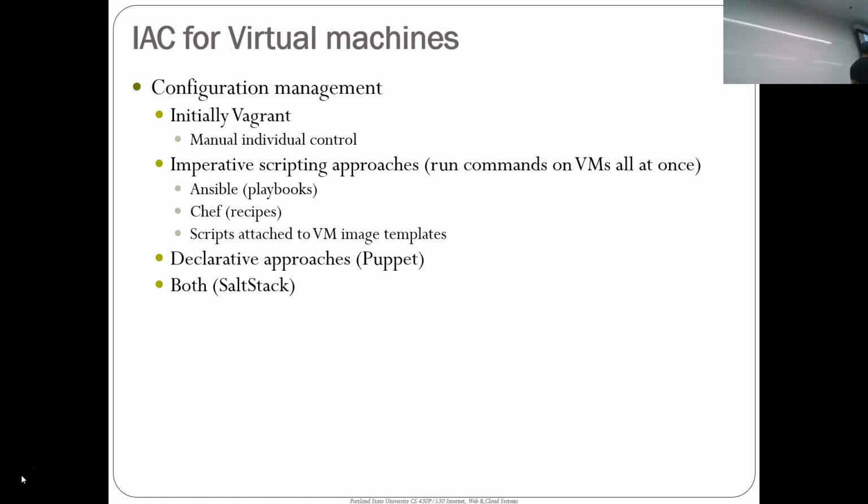Locally, there's Puppet, and they started with a declarative approach. So there are two kinds of IAC for virtual machines. There's this imperative scripting language approach. This is basically like system administration, where you're doing it in a scalable fashion, where I'm going to run one command and send it to all of my virtual machines. But I'm doing this imperatively, command by command.